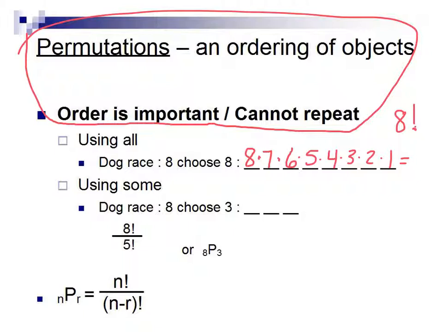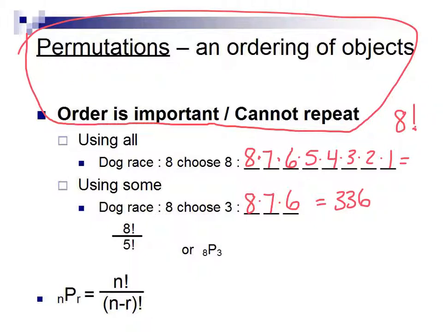That would be something like this, where there are 8 options for the first dog, 7 options for the next, and then 6 for the third. That's much more doable. 8 times 7 times 6 would be, what do we get? 336. So there would be 336 ways that race would finish.